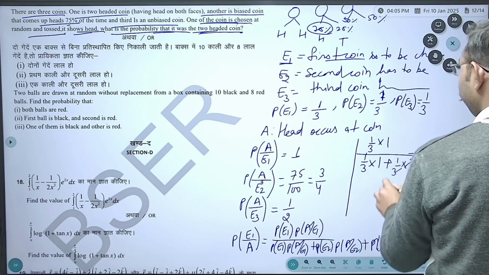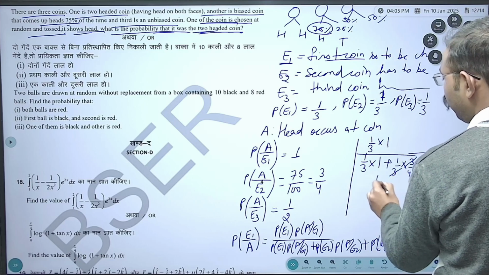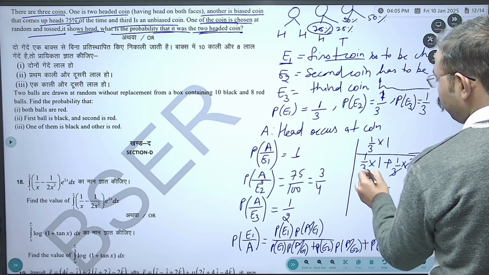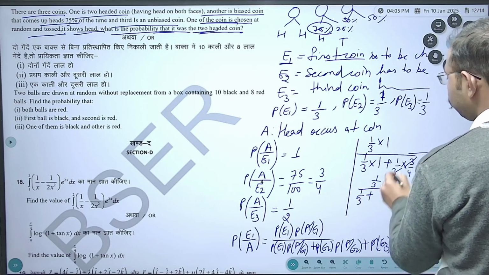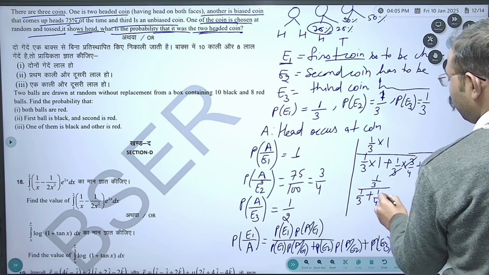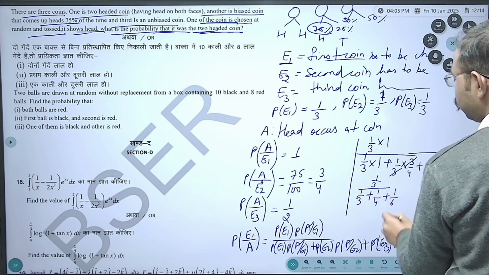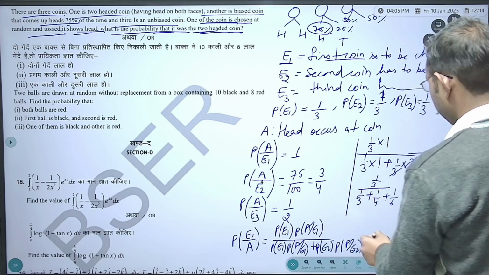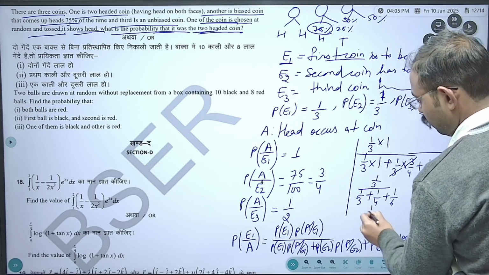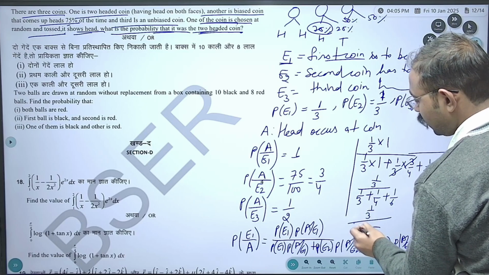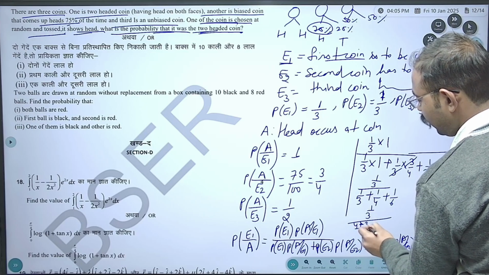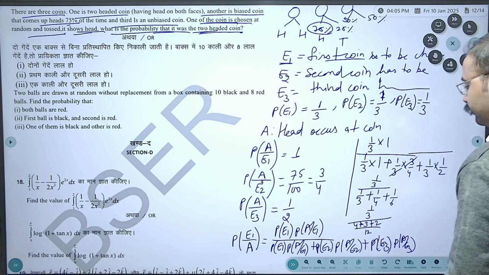Now 3 and 3 cancel. Upside we have 1 upon 3. Downside is 1 upon 3 multiplied by 1 upon 3 plus, here, 1 upon 4 plus 1 upon 6. In the denominator we will take the LCM. The LCM will be 12. 3 4s are 12, 4 3s are 12 and 6 2s are 12.